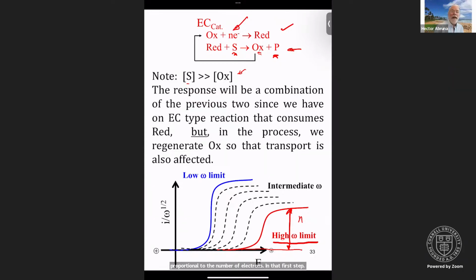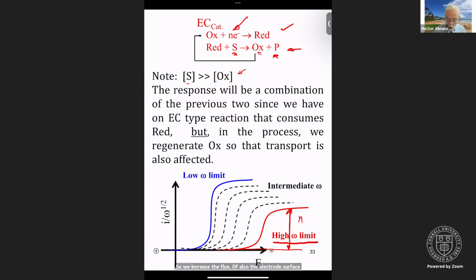As the catalytic reaction kicks in, we are consuming red, and therefore the wave should shift to less positive potentials. But in addition, we are regenerating ox, so we increase the flux of ox to the electrode surface.